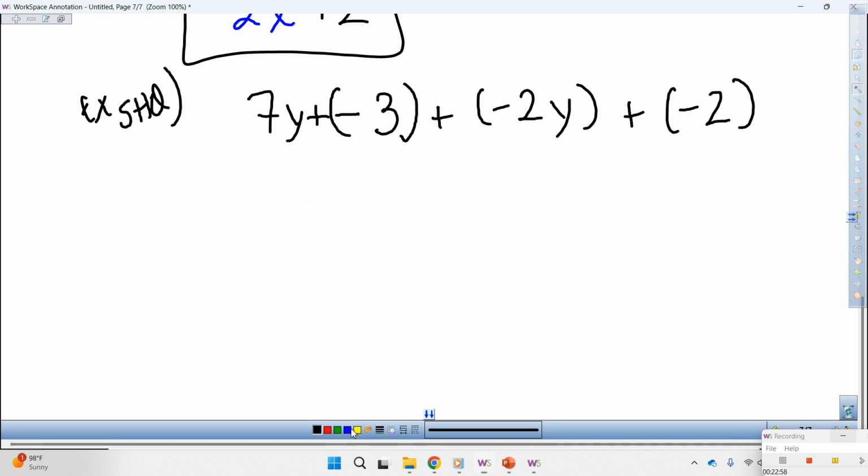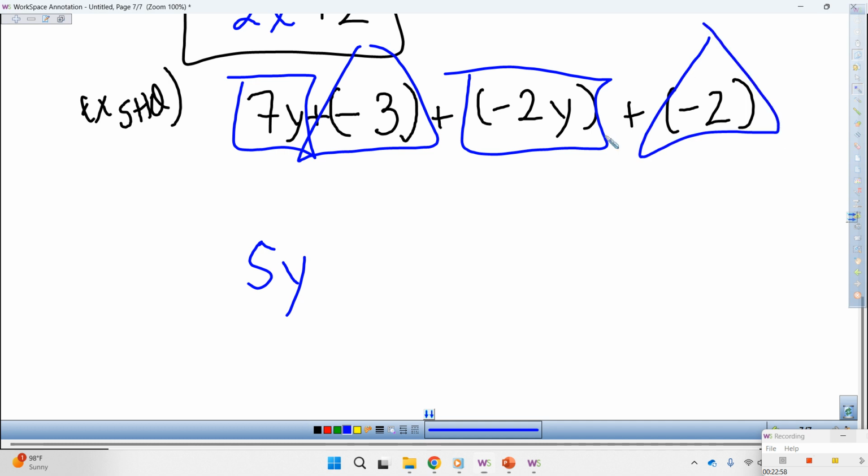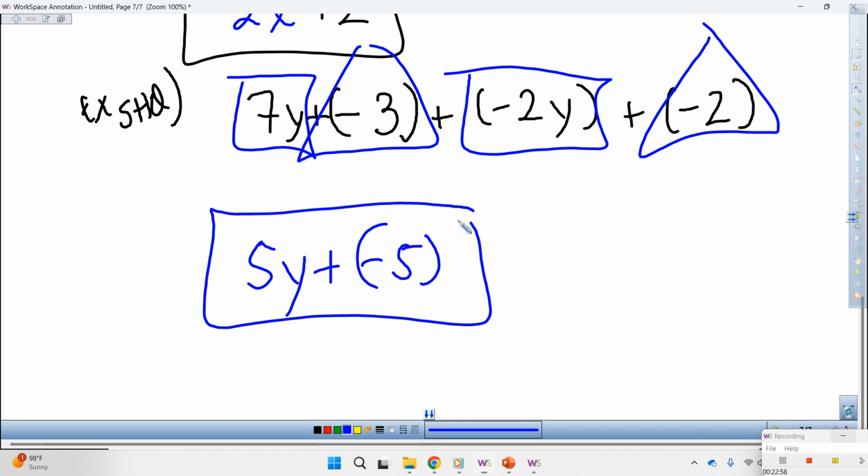So, with that said, let's start with the variables. What is 7 minus 2? 5y, that is correct. Next, negative 3 and negative 2. Since they're the same sign, we just combine them. That is negative 5. And so on and so forth.